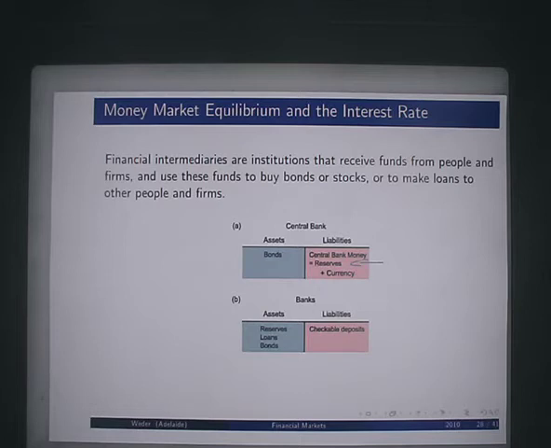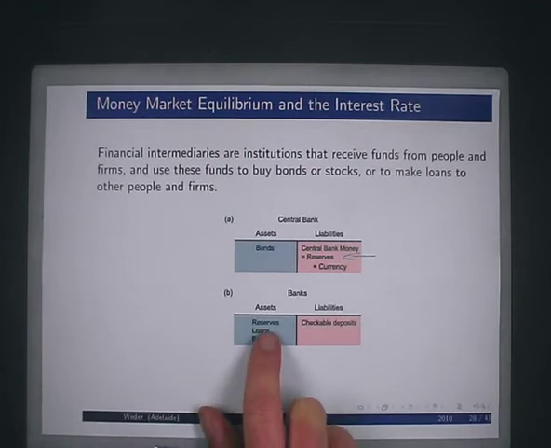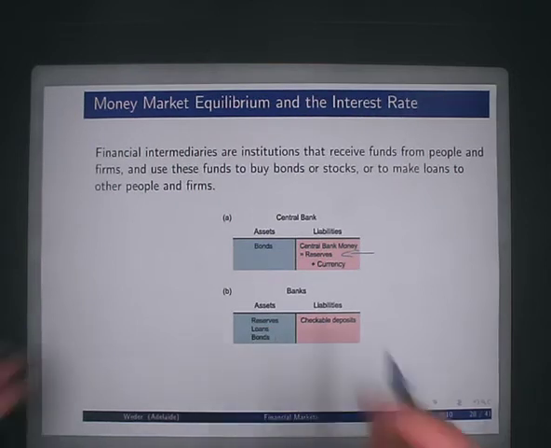Well, you never know as a private bank how much money your customers want on a given day. So you always have some buffer in every ATM machine and so on. Okay, so these would be reserves. As long as they're not in circulation, this part of the central bank money would be reserves at commercial banks.